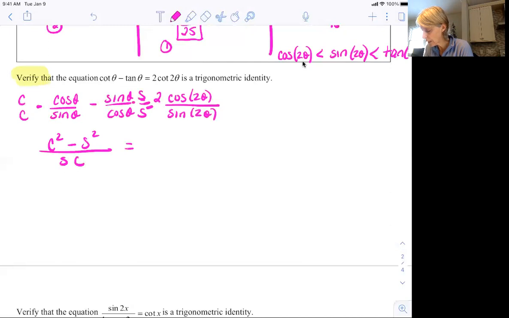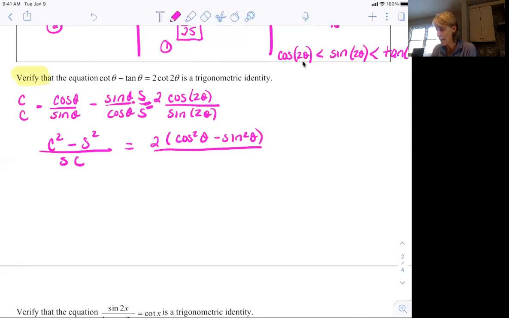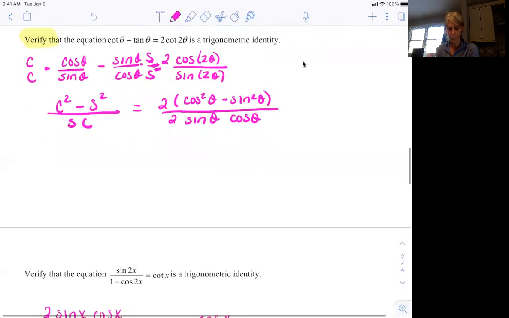And on the other side of my equal sign, I get 2. I'm not sure which one to use, and it's not going to matter. I'm going to use the substitution cosine squared theta minus sine squared theta. If it's a bad call, then it's fine, the math will work out no matter what identity you use. Now, cosine squared theta minus sine squared theta is cosine of 2 theta.